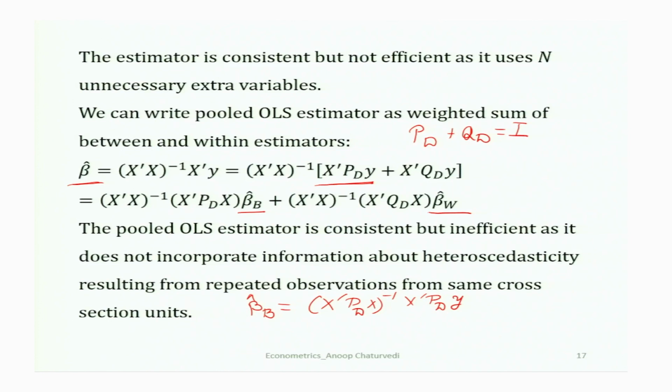Notice that in our model, the errors are heteroscedastic, but here while we define this OLS estimator, we do not take into account that heteroscedasticity. So, actually this OLS estimator is a weighted sum of this between estimator and this within estimator.